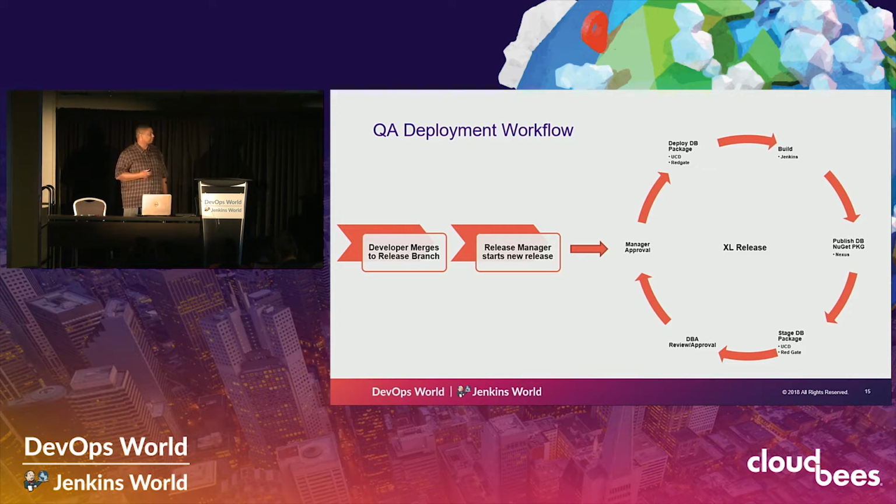And then once the manager gets notification of the approval, the manager's aware that the DBA has already reviewed the script and approved it, and then the manager can approve that, and that will trigger another Urban Code Deploy job, which will actually take those changes and deploy those changes to the target server.